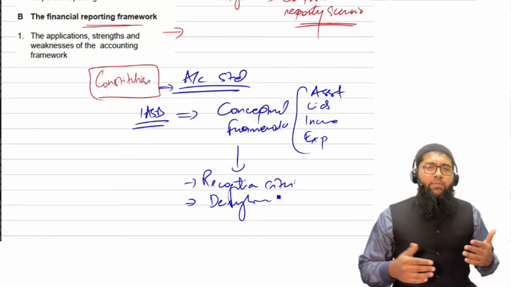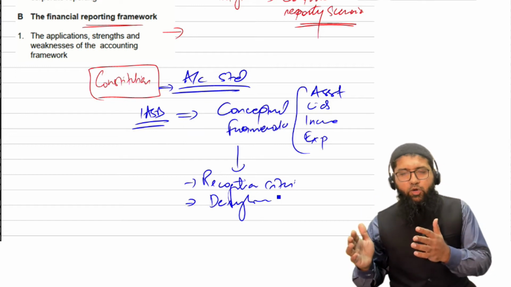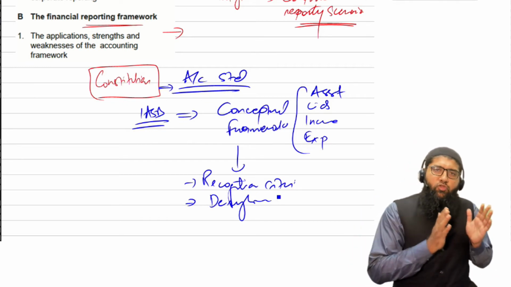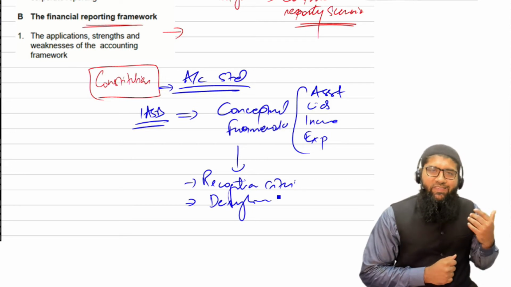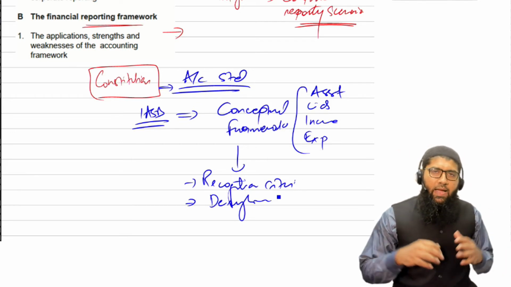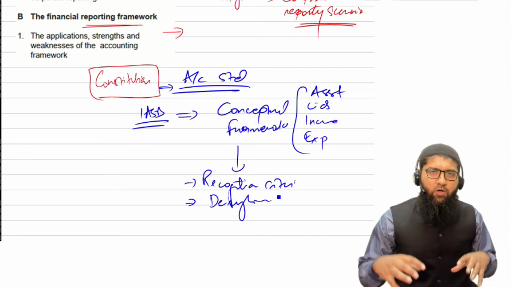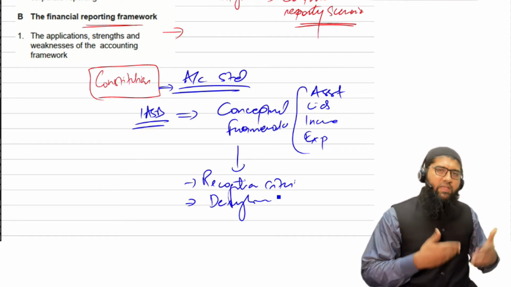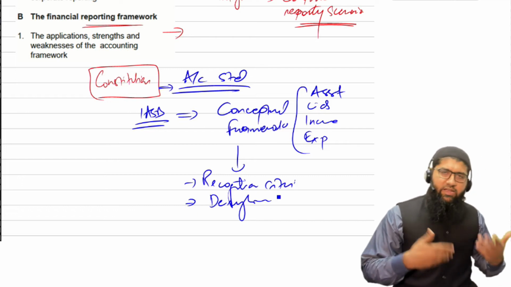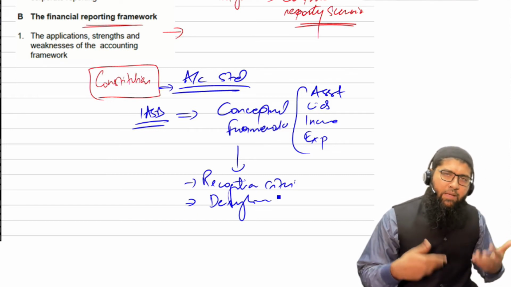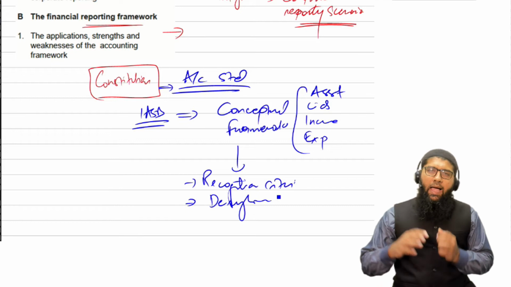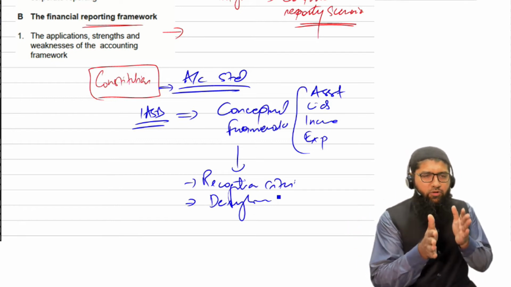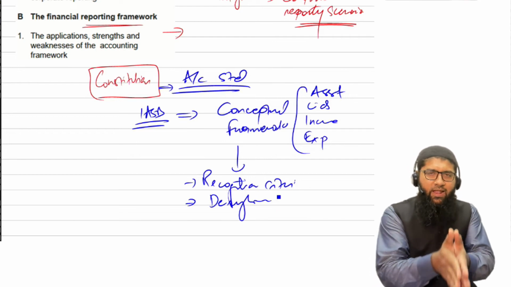So over a period of time, the accounting standards have been amended to whatever extent is practically possible, plus the conceptual framework has been amended to whatever extent has been needed. As a result, where do we stand right now? We stand in a situation where the conceptual framework is constantly and regularly updated and amended, and the accounting standards are also regularly amended, to make sure that the framework and the standards are aligned.